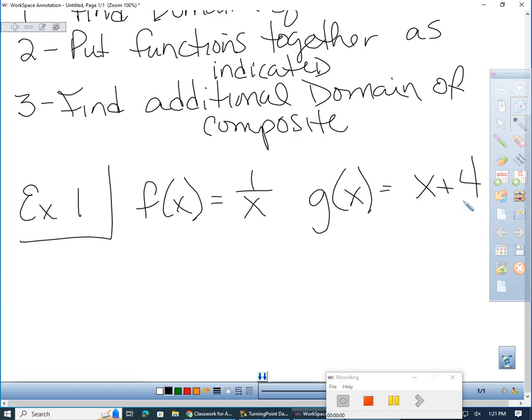That's really easy. In 1 and 3, we are going to add them together or subtract them. So let's start with that. We're going to go f plus g.